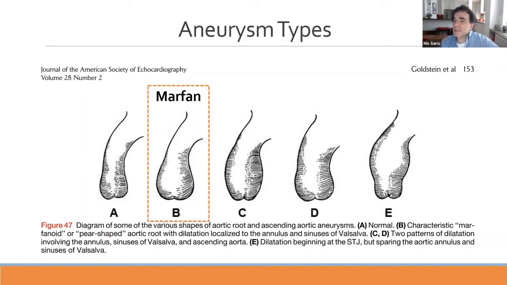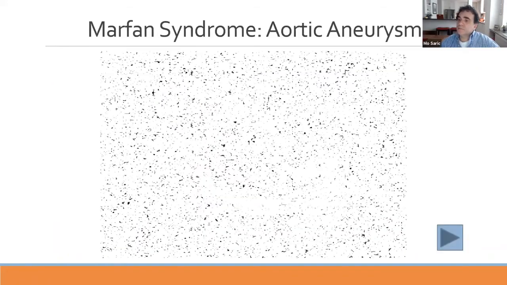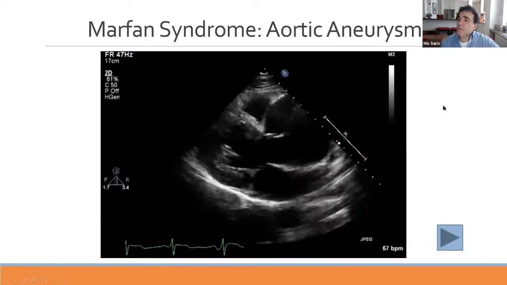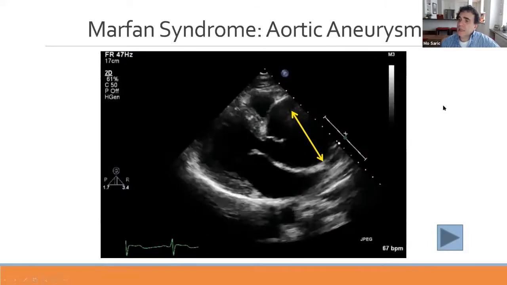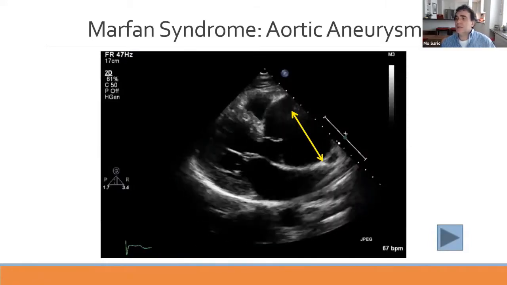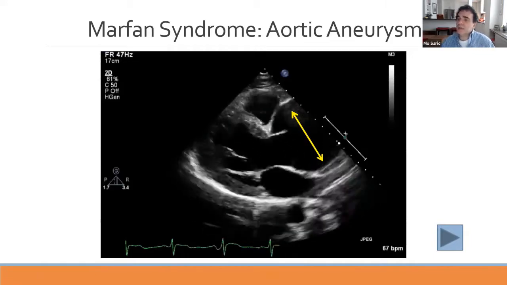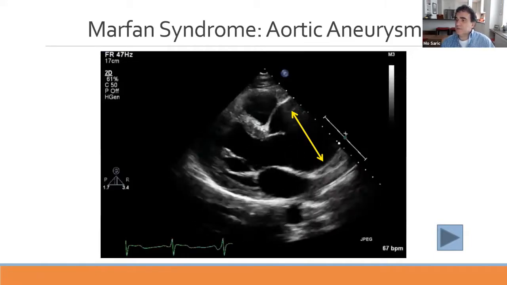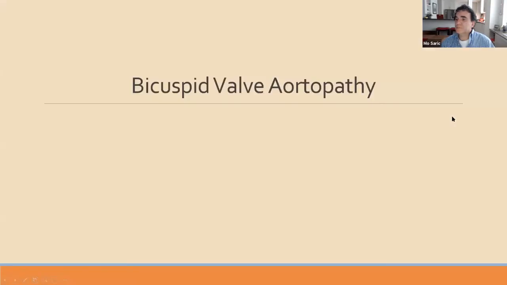You notice that it tends to involve the very proximal portion, that is to say the aortic root itself, the sinuses of Valsalva, as opposed to the other pattern that might involve a more distal portion of the ascending thoracic aorta. And again, the emphasis is that in Marfan syndrome, there is an aortic root aneurysm resulting in severe aortic regurgitation.